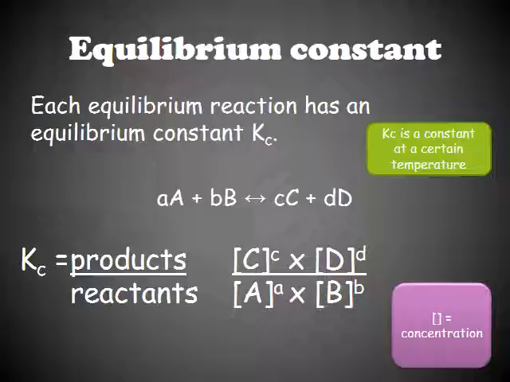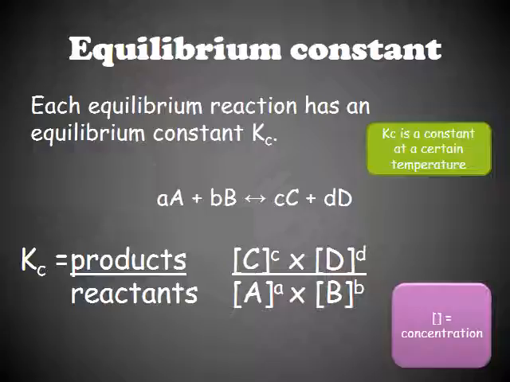Each equilibrium reaction has an equilibrium constant Kc, and this equilibrium constant is constant at a certain temperature. Looking at a reaction of a moles of A plus b moles of B giving c moles of C and d moles of D, the equilibrium constant will be a ratio of the concentration of the products divided by the concentration of the reactants.